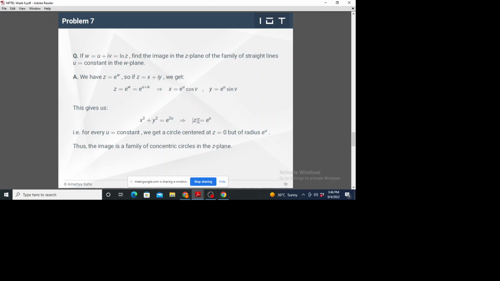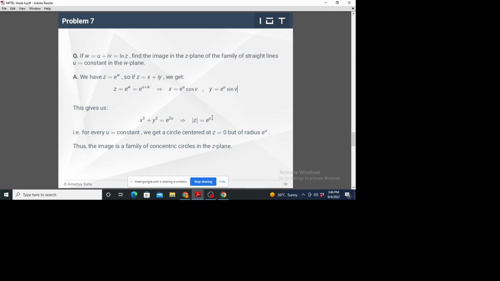And this means mod z is equal to e to the power u. So what is this equation? Now, if you take u equal to some constant, that gives mod z equal to e to the power some constant, and that is exactly the equation of a circle, right?